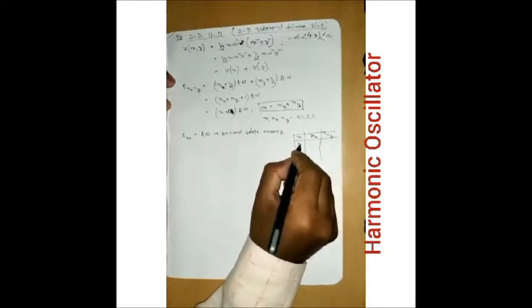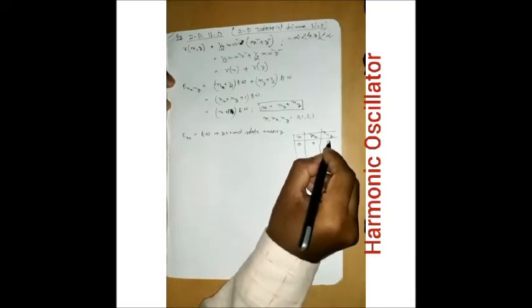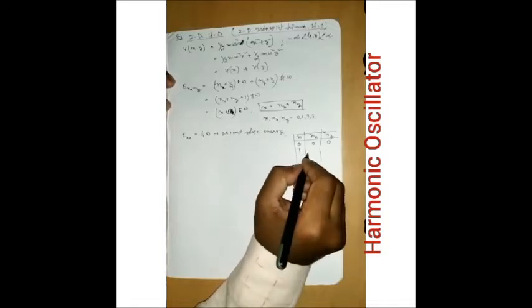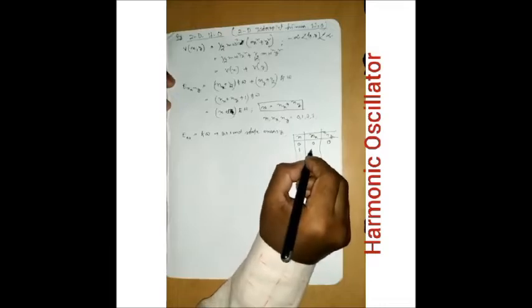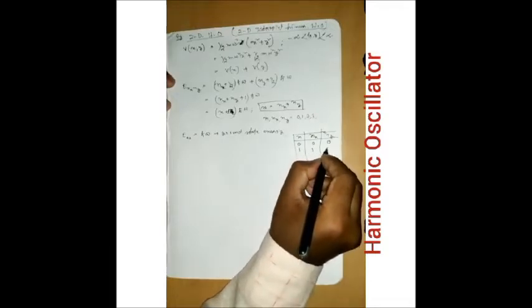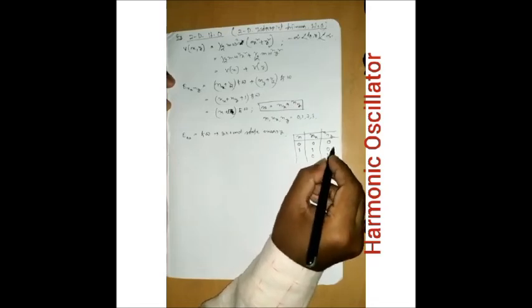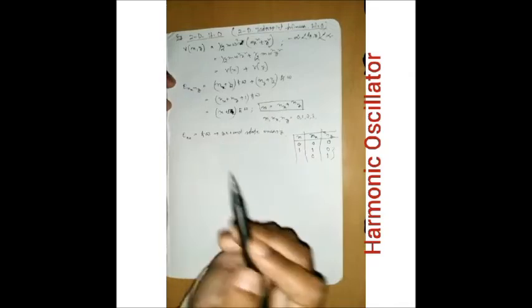When n equal to 0, we must put nx equal to 0 and ny equal to 0. When n equal to 1, to satisfy this relation, either we can put 1 and 0, or we can put 0 and 1. So both combinations are possible to get n equal to 1 using this relation.